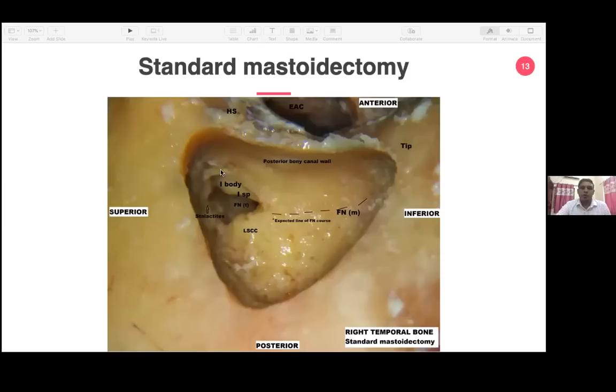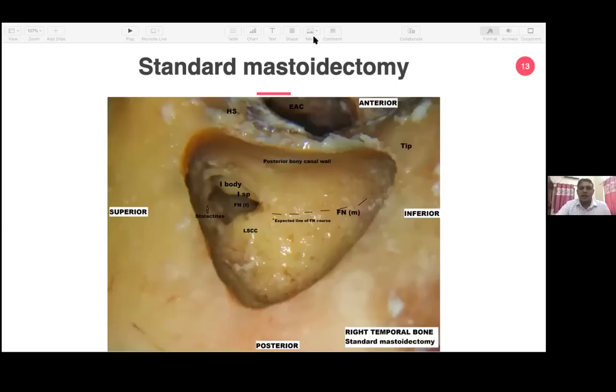We are going to exenterate only the mastoid air cells which we are interested in. A small thing, what do you mean by exenteration? What do you mean by eradication? Eradication means you are opening up a mastoid air cell which is diseased. Exenteration means opening of the mastoid air cell system irrespective of its pathology.